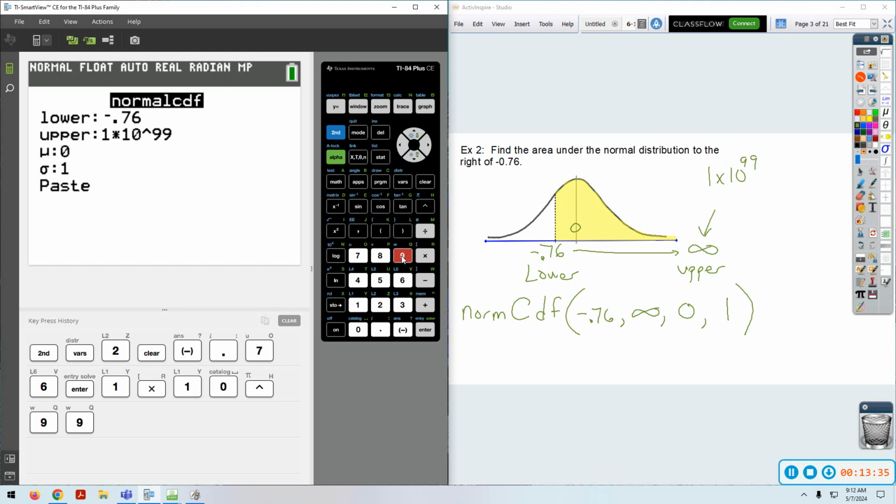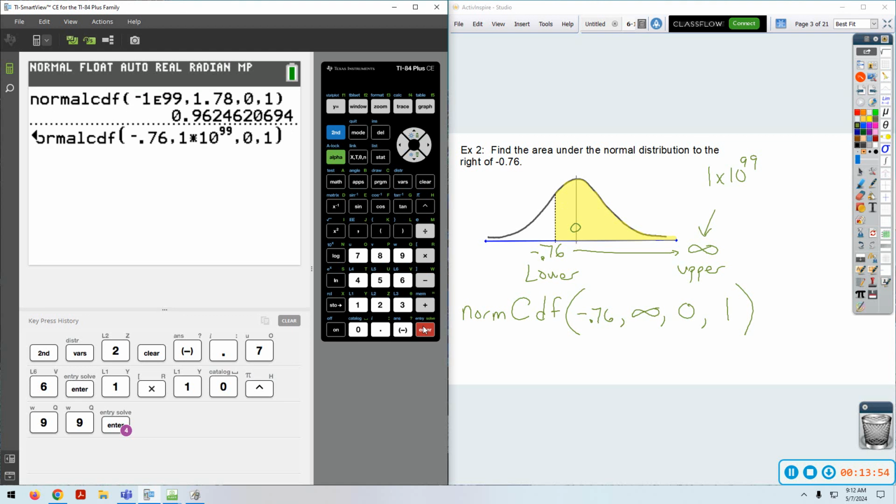Some people use that engineering EE button, which is up there above the comma. That's up to you, but this has to represent 1 times 10 to the 99. Don't change the mu, the mean, or the standard deviation. Hit paste. There's your command line, just to double check.